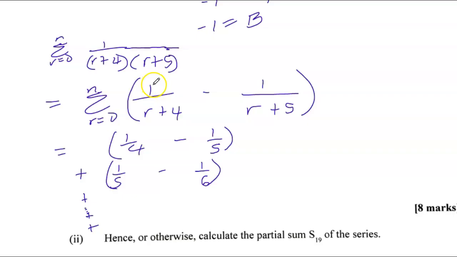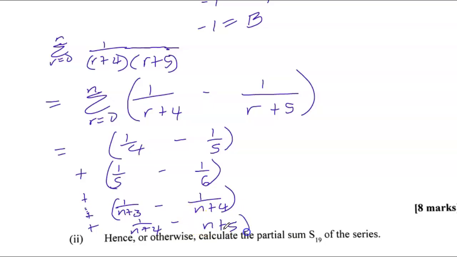We'll have 1 over n minus 1 plus 4, that's 1 over n plus 3, minus 1 over n minus 1 plus 5, that's 1 over n plus 4. And the final term is when r is n. We'll have 1 over n plus 4, minus 1 over n plus 5.